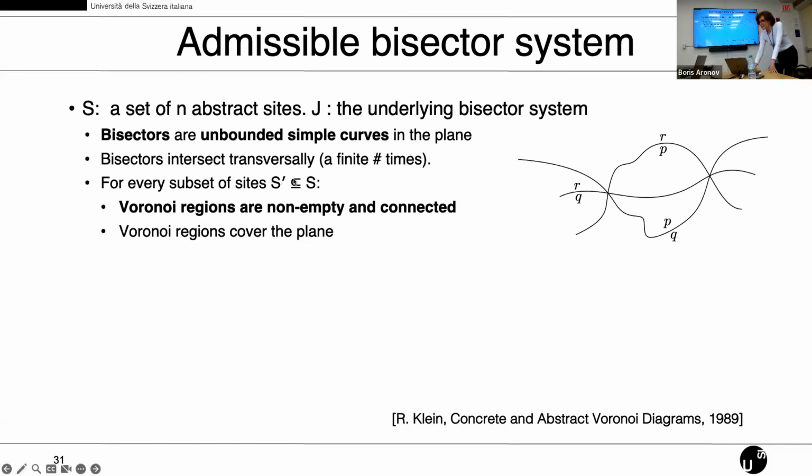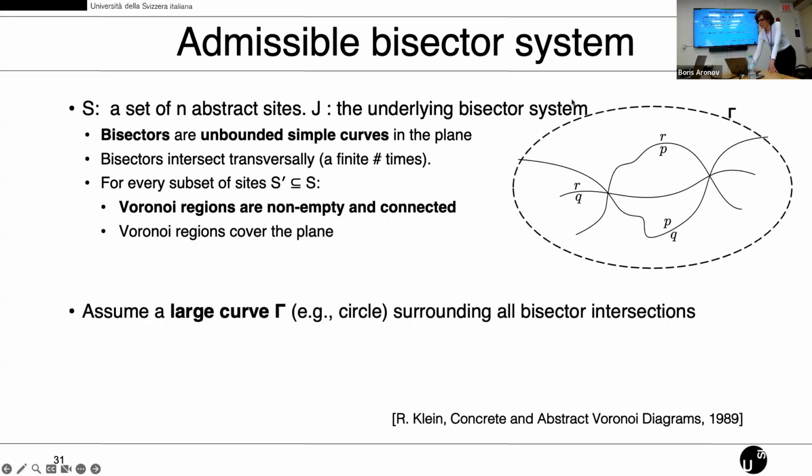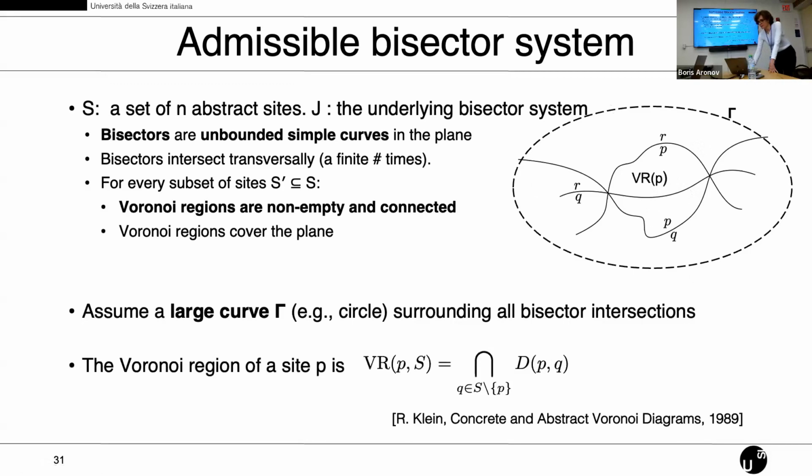And for every subset of sites S prime subset of S, Voronoi regions are non-empty and connected, and they cover the plane. Then we typically assume a large circle gamma surrounding all bisector intersections. And the Voronoi region of a site is the common intersection among all the dominance regions of the site.